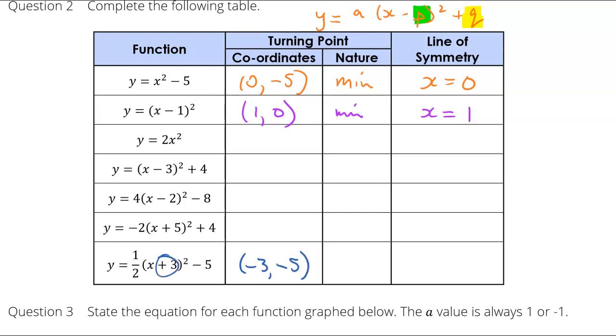Remember, it's the opposite sign here, and it's only in the bracket that's opposite. The nature is still a minimum because it's a positive x squared. Line of symmetry, x equals -3. So line of symmetry is the x value of the turning point, which is your P value.